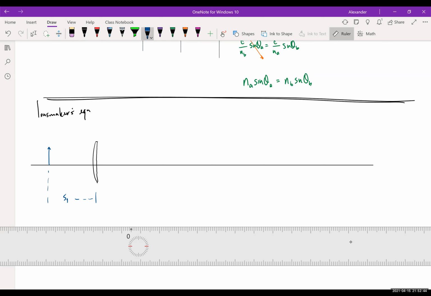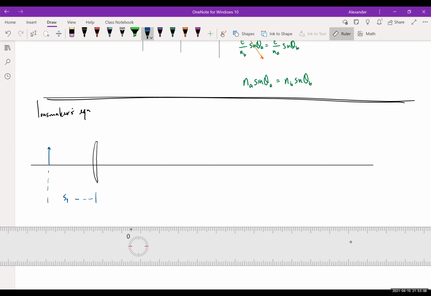There are two spherical surfaces here, each of which has a refractive job to do. The image that would result from the refraction of the first one becomes like an intermediate image, an intermediate object.